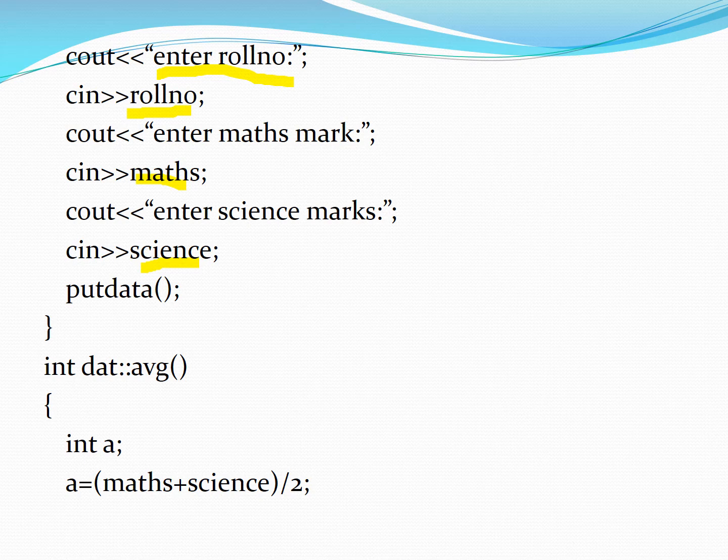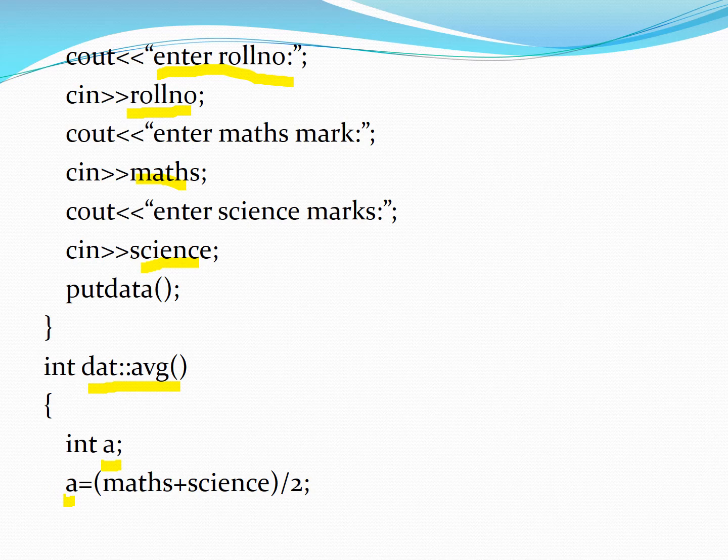Once it has been entered, I'm going to create one more member function called average. In average, I'm going to initialize one more variable called a, which is going to store the average of the marks. How to calculate the average?